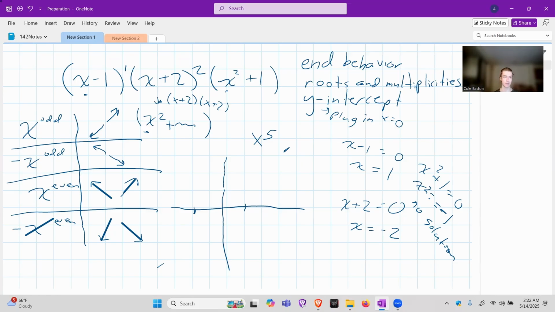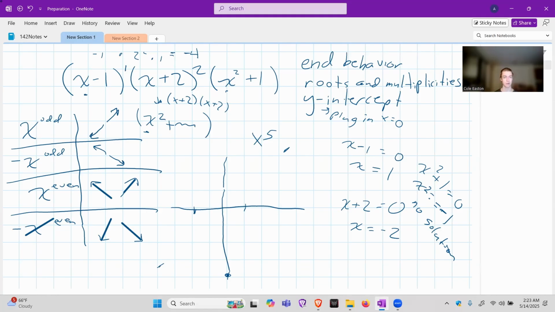So I get -1 times 2 squared times 1. So that's -4. Okay. So my y-intercept is -4. So I'm going to put a point right here at -4. And that's all the information that I really need to get a pretty decent picture of this graph.